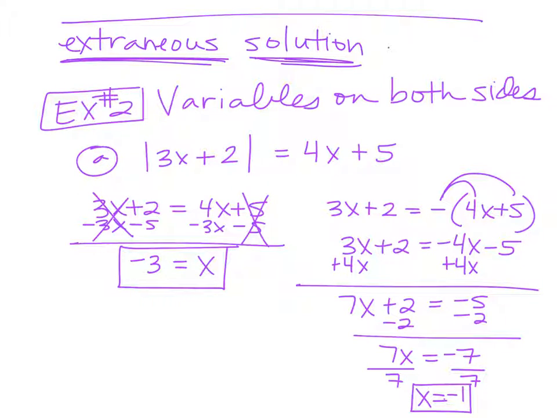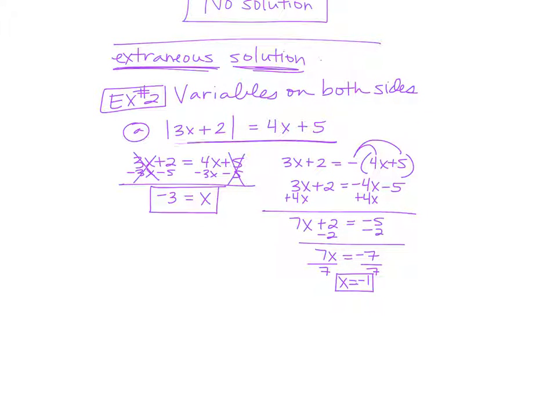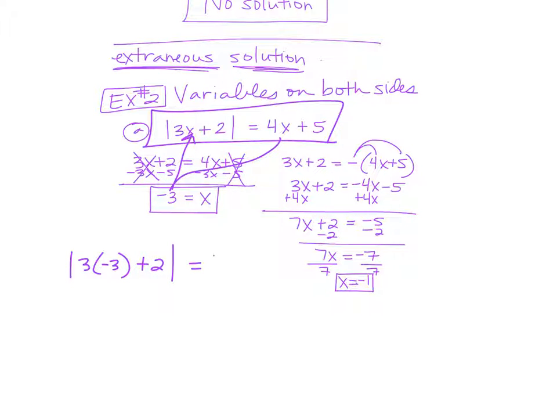When we have the variables on both sides like this, we got to check to see if we have any extraneous solutions. So we're going to do the original equation again, plugging in a negative 3. So it would be the absolute value of 3 times negative 3 plus 2 equals 4 times negative 3 plus 5.